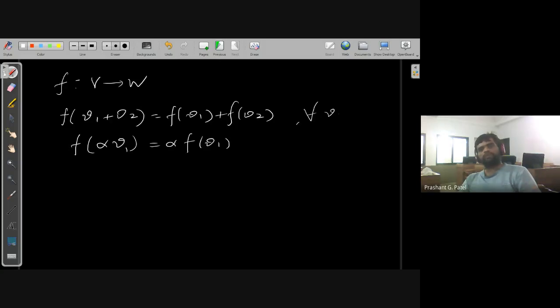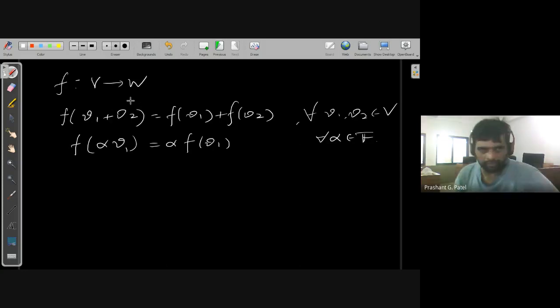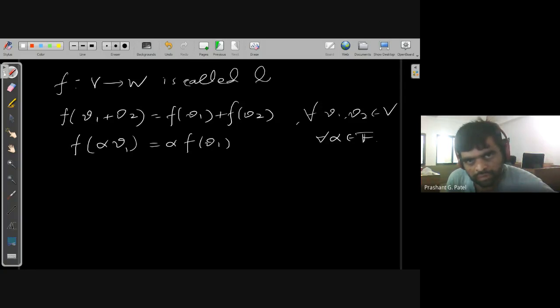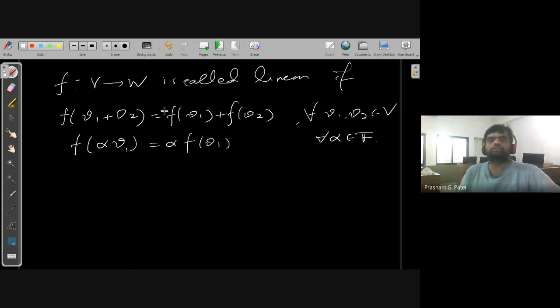For every v1, v2 this is true, and alpha belongs to a field, whatever the field it is defined over, for V and W. So this is known as a linear transformation. It's called linear if it satisfies these two conditions.